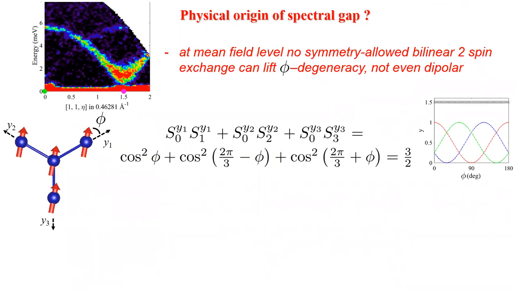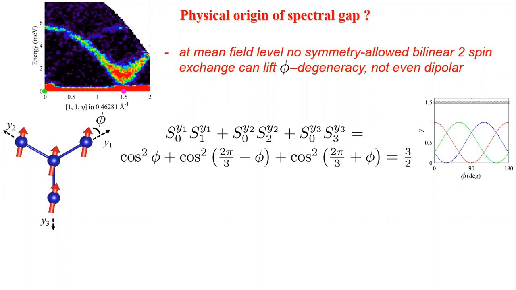So let's consider the extreme case where the spins interact only along the bond direction. So these two would have an S_Y1, S_Y1 interaction, but these two would have S_Y2, S_Y2. Now, each one has a preferential direction for the orientation of the moment, but actually, if we add all three of them, that's a sum of three cosine squared with offset of 2 pi by 3, and the sum is independent of the angle phi.